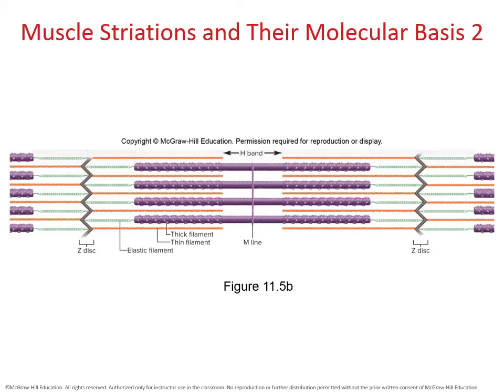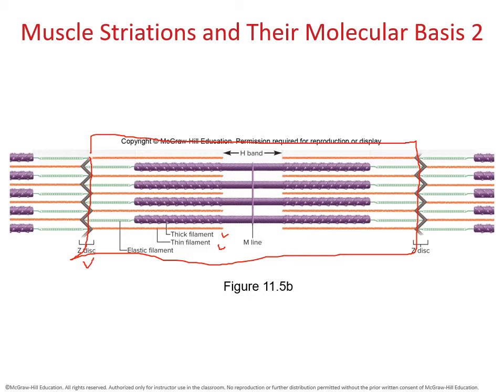All right, so here's just a reminder of what we've been talking about so far. Remember, we have our thick and our thin filaments, and then we have our Z discs. Notice how on our sarcomere, from one Z disc to the next, that's the sarcomere. That's the contractile unit of the muscle.